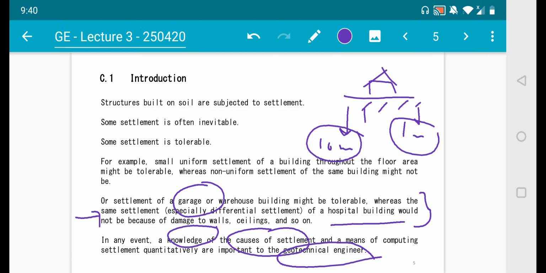Then you show a numerical presentation of the observation, by computing settlement quantitatively. So in soil consolidation at site, the geotechnical engineer will go out to the site, observe the condition, and lastly compute the settlement quantitatively. You have to have a value on your observation. That's the basic role of a geotechnical engineer here.